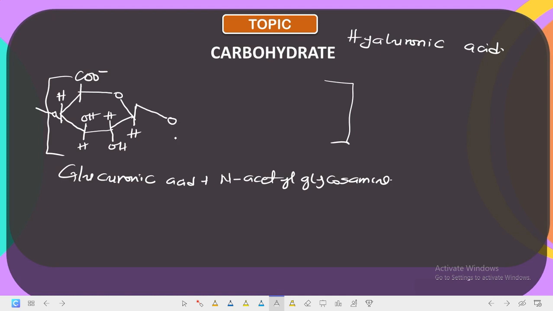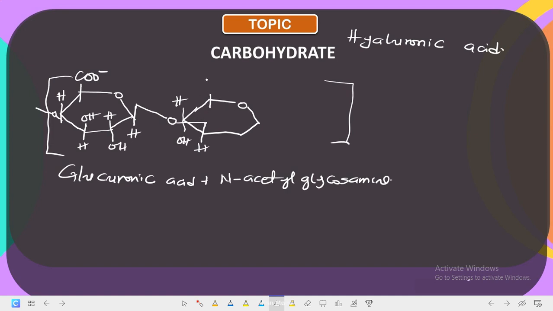Then it's linked again to another group entirely. We have something like this. Now this one continues, and then it forms hydrogen here, and then you have your OH, and then you have hydrogen here.